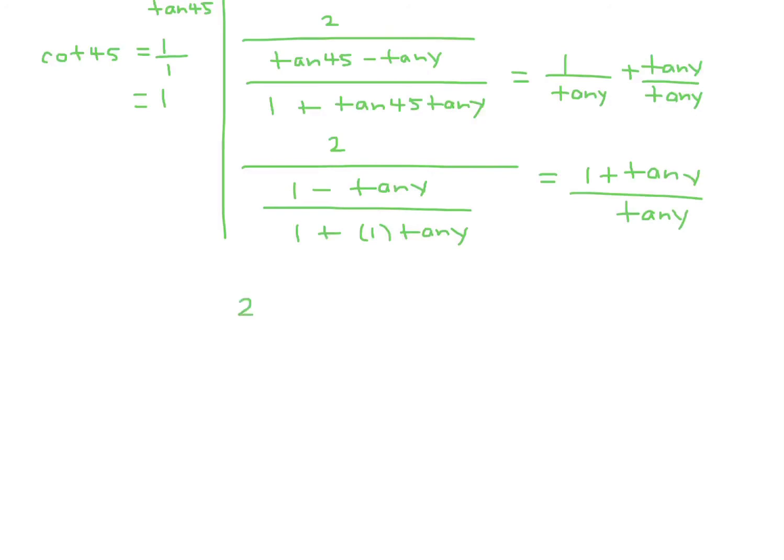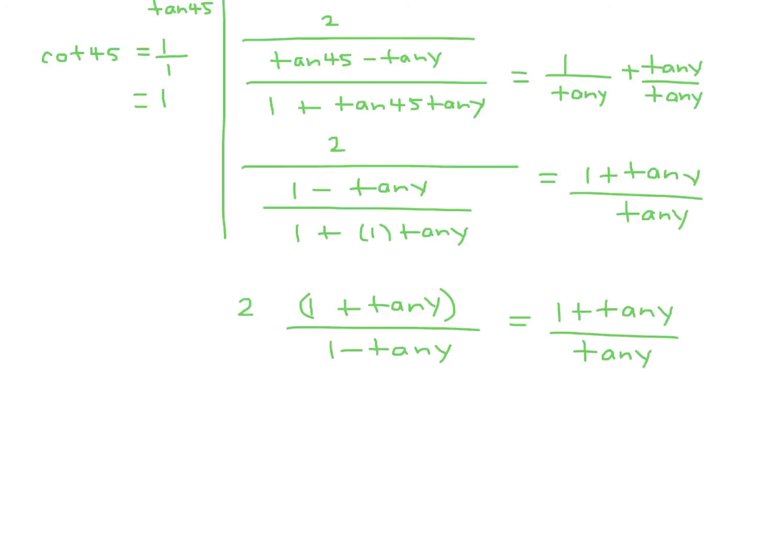This over here, invert and multiply, so you get tan y times 1 plus tan of y. And don't forget that 2 there. And that is going to be over 1 minus tan y, like that, 1 plus tan of y over the tan of y.